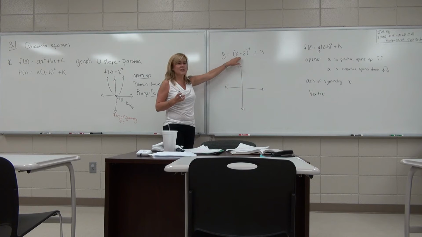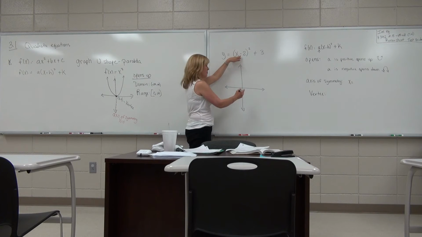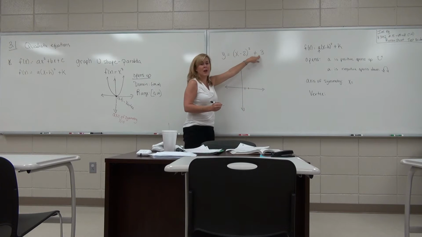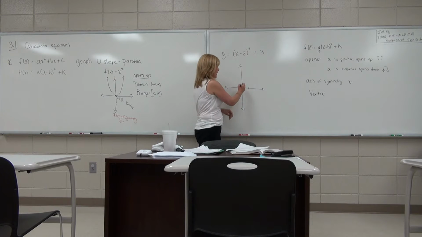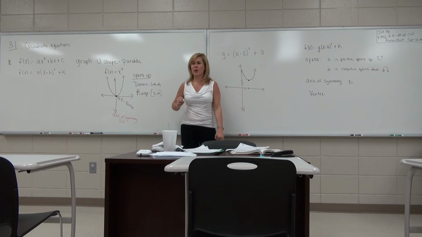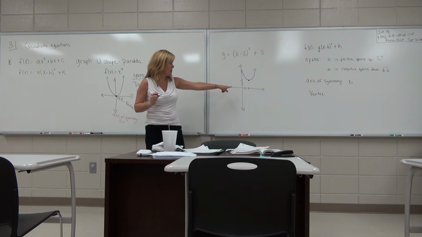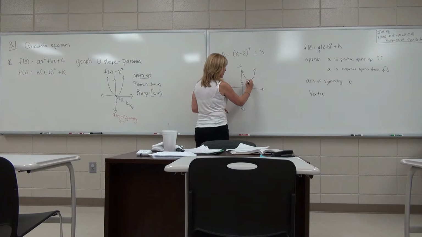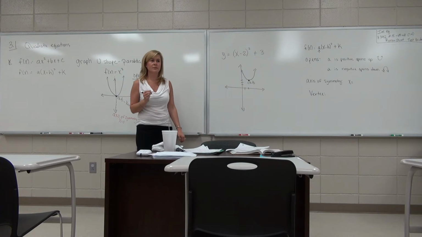What would make that 0? Positive 2. And 3 is being added, so it will also go up 3. So this is what you would have done on that test. Well, what's the vertex? What's this point right here? 2, 3. That's the point (2, 3).